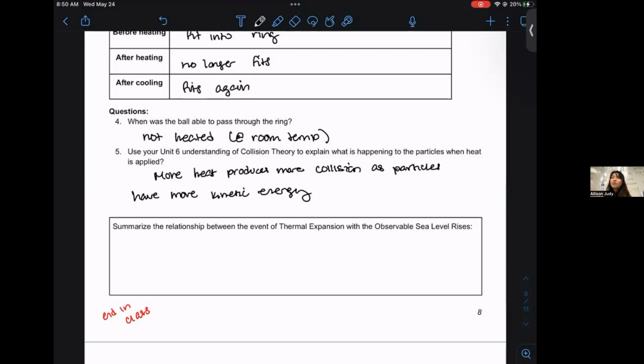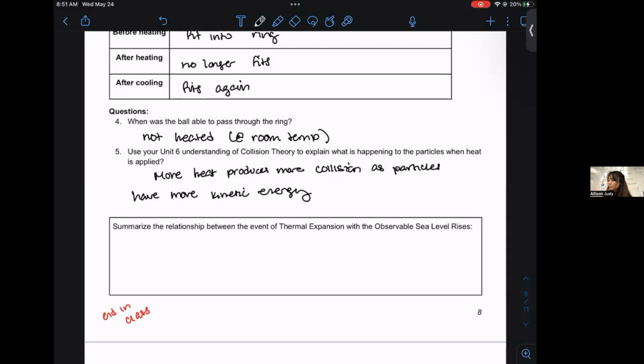If you start colliding with more force, okay, you're gonna naturally start wanting to expand. And if you don't have boundaries, you'll just expand until your energy stops you, but not your surroundings.